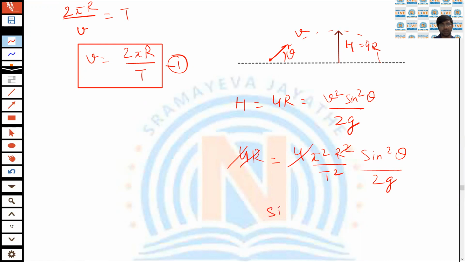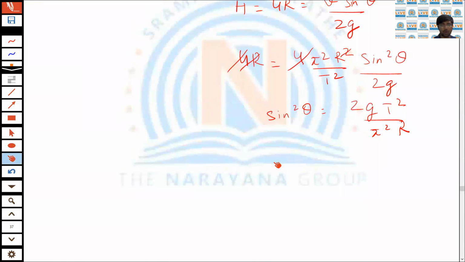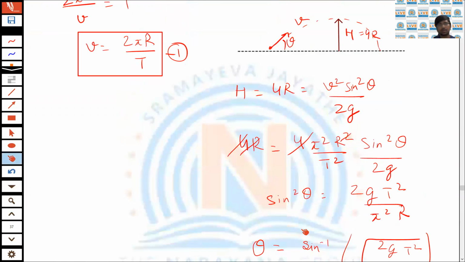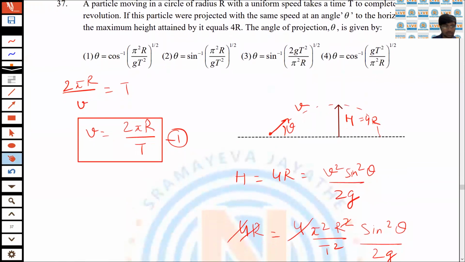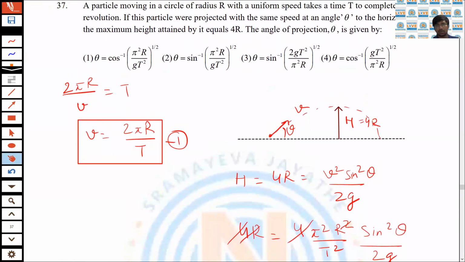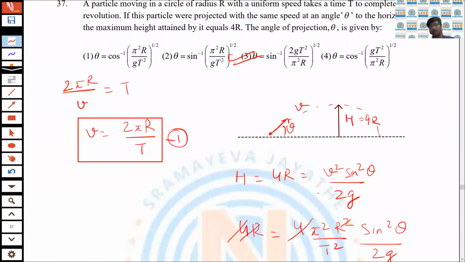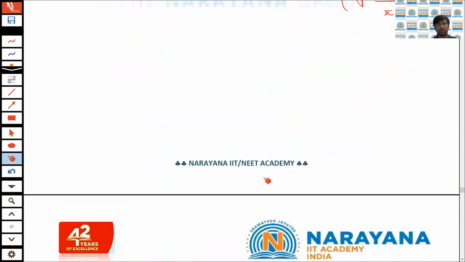So from here we can write sin square theta is equal to 2g t square by pi square r, and the value of theta becomes sine inverse under root 2g t square by pi square r, which means that the third option is the correct option. All right, let's come to the 38th question.